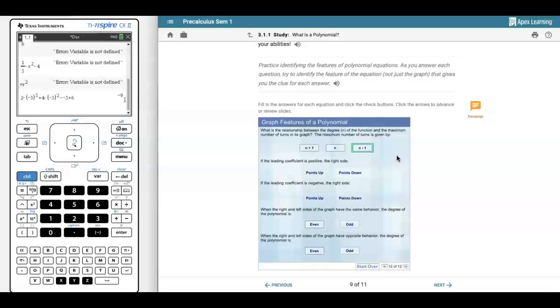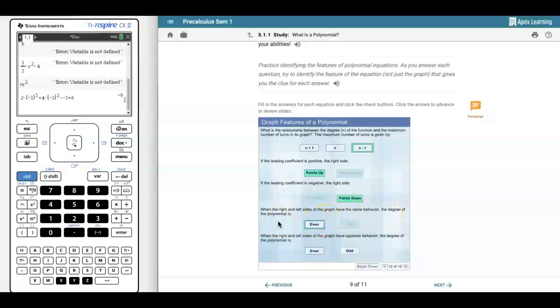Now, if the leading coefficient was positive, the right side of the graph, hopefully we picked that one up, pointed up. And if the leading coefficient was negative, the right side pointed down. And when the right and left sides of the graph have the same behavior, so going up and up, that was when the degree was even.